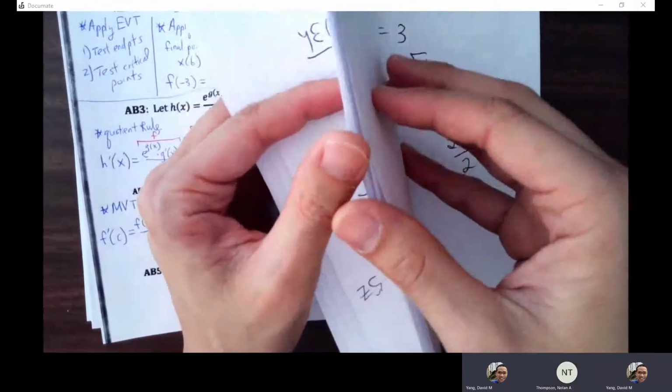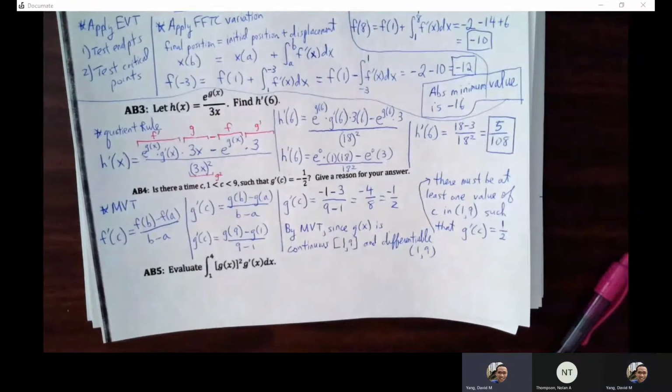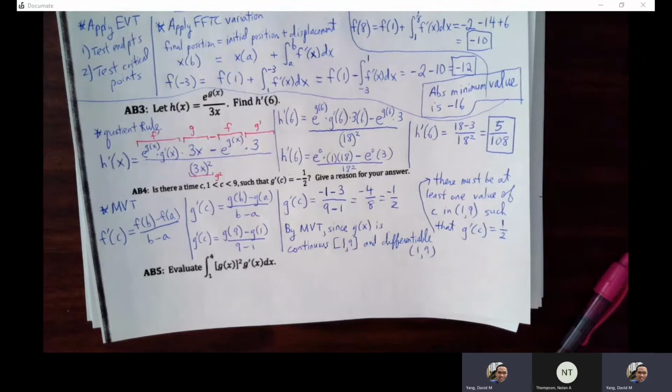But I'll show you. I was going to show you that the formula sheet has all that on there, so you can just reference the formula sheet and then just copy down those conditions.